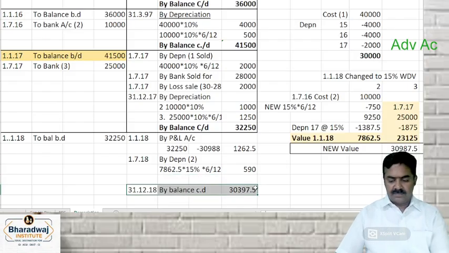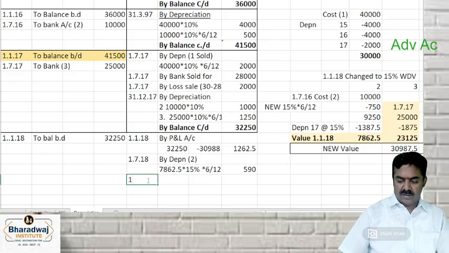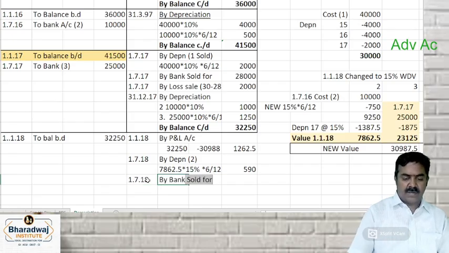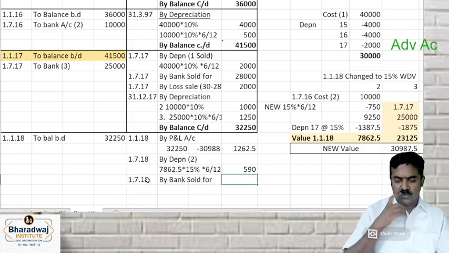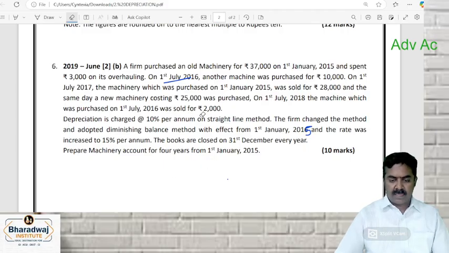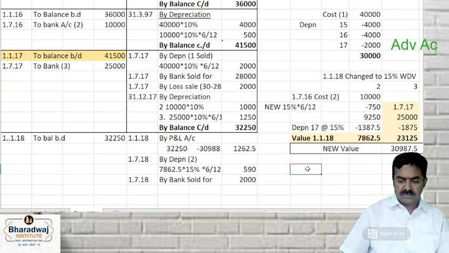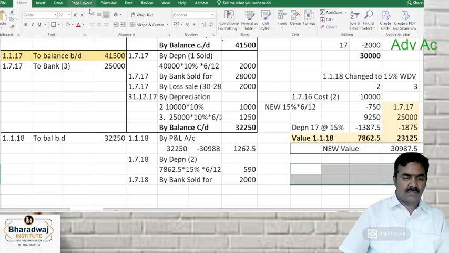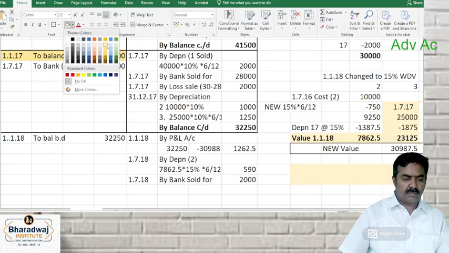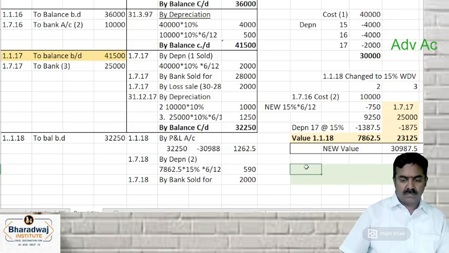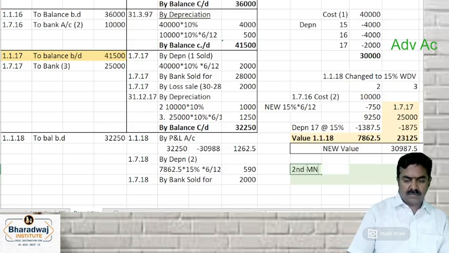Record the sale. 1/7/18. By bank, it is sold for 2,000. First machine, second machine, right.